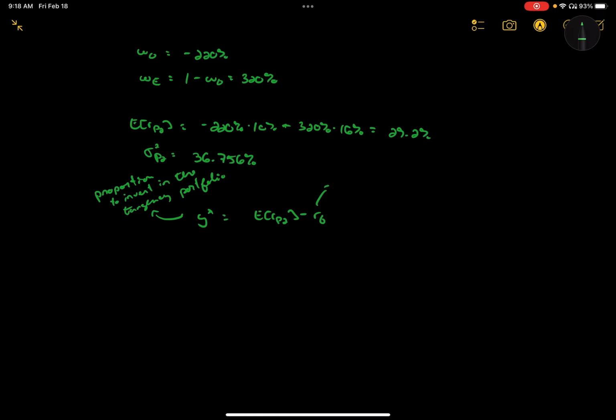That's our borrowing rate of 8%. Okay, so that's our version of 0.5. And everything else is what we've just calculated. So solving for this, and I can write it down very quickly. 0.5 times 36.756% is equal to 115 plus 36%.